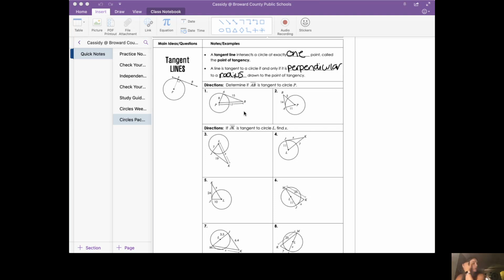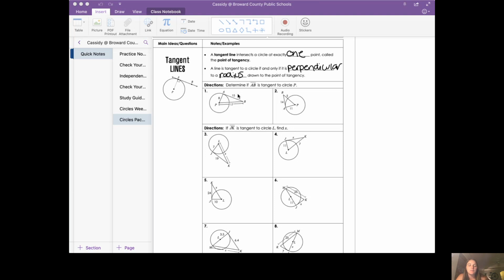because they will. Okay, so the first thing that they want us to do is determine if this line is tangent to the circle. The way to do that, we know that it's circle P. This point here is the center. The one in the center of the circle is called the center. So if that's the center, that means that this right here is a radius, AP is the radius.